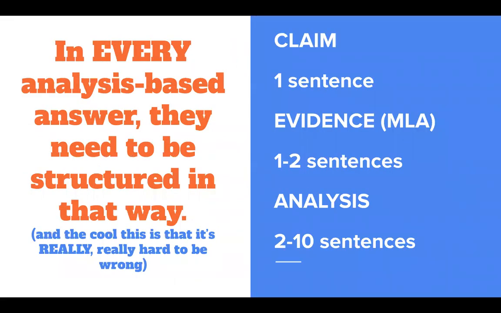In every analysis-based answer, they need to be structured in that way. So you will always have a claim, which is one sentence. Your evidence, which is in MLA format, meaning you have an in-text citation at the end of your evidence, is usually 1 to 2 sentences. And your analysis is between 2 to 10 sentences.